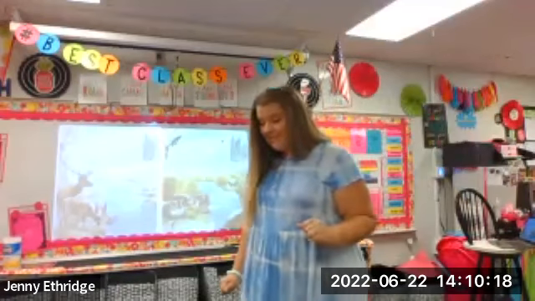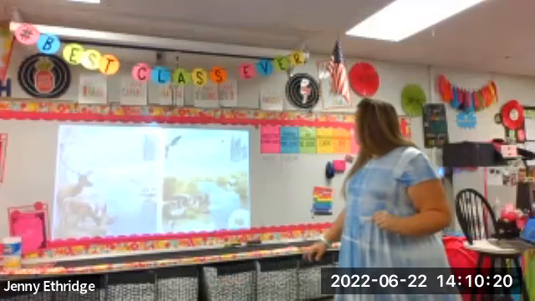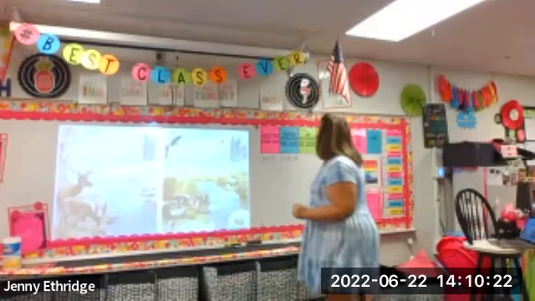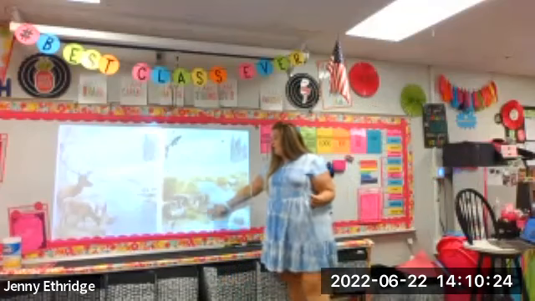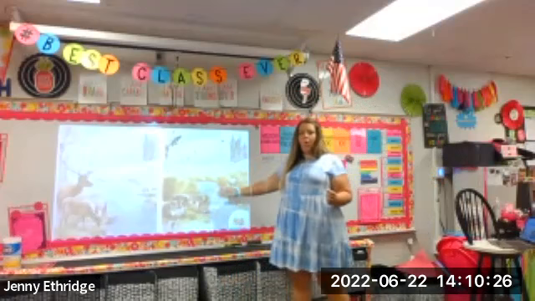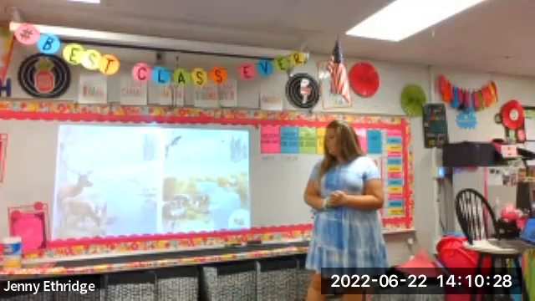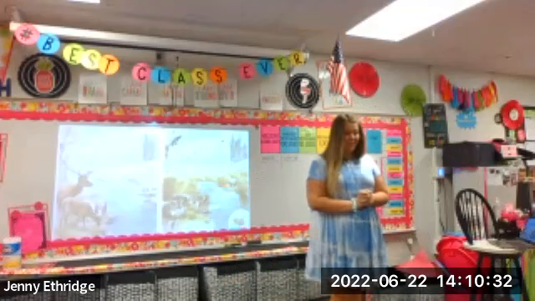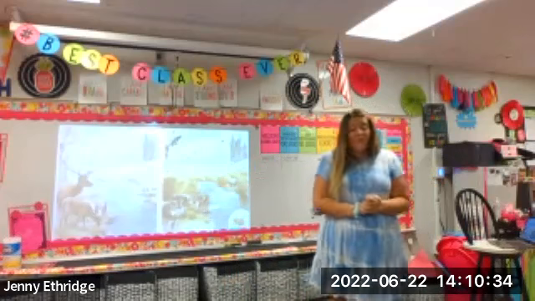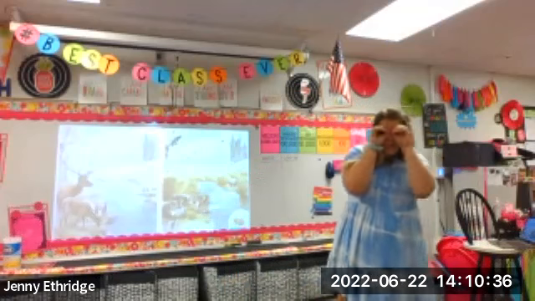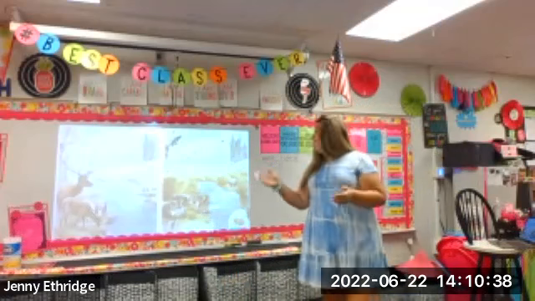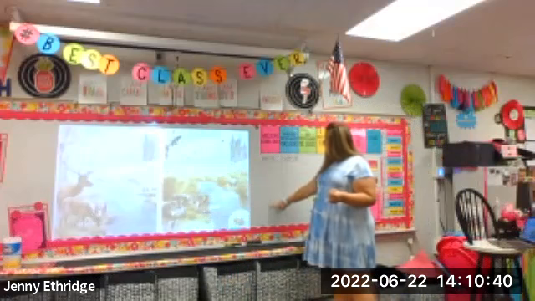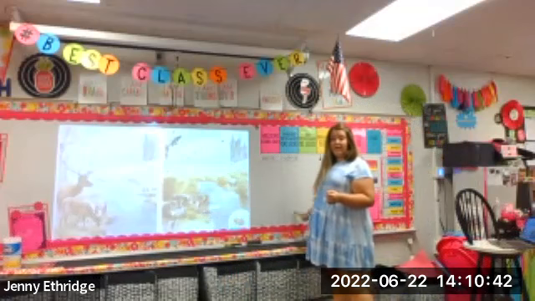Excellent. Yes, everything that you notice, and pay attention to the whole picture, not just things that are up close to you, but the whole picture. What are you noticing? Excellent job. If you think you wrote down everything that you see, everything that you notice, then you can go to your other side. You've got your notice side, go to your wonder side, okay?